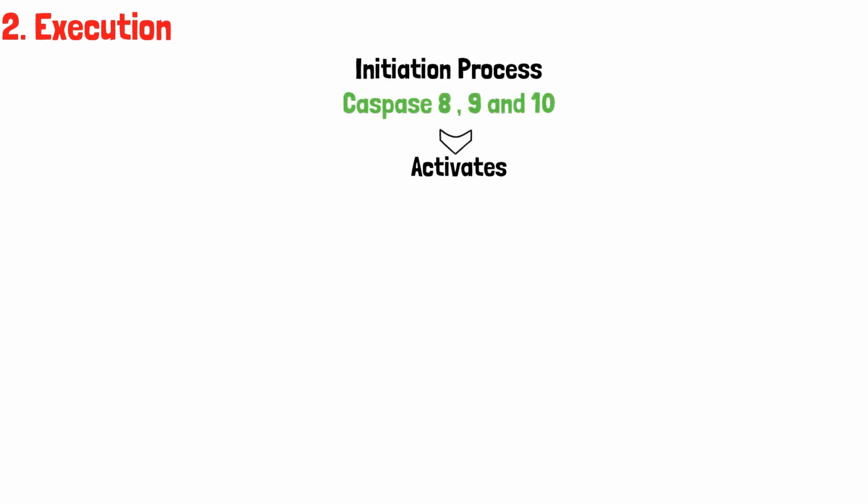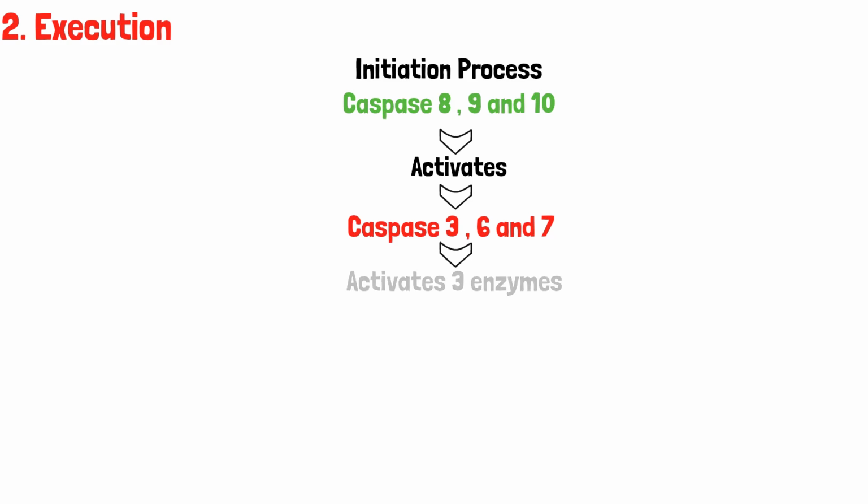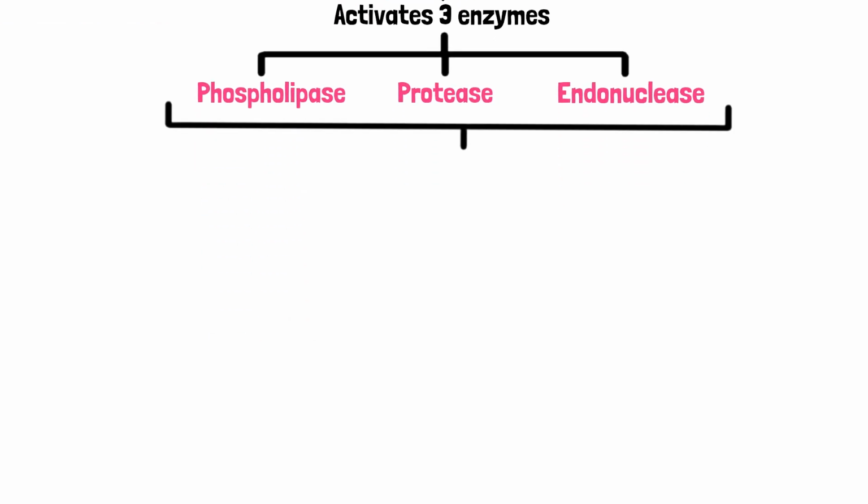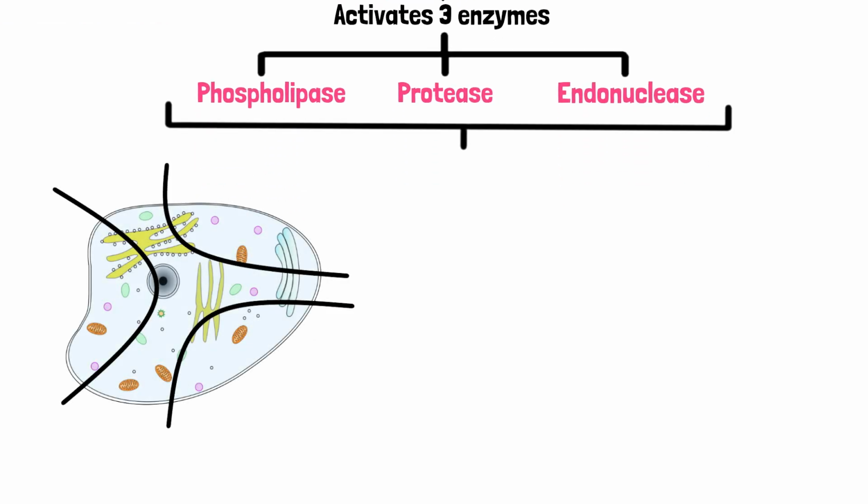So after the initiation process, caspase 8, 9 and 10 activate caspase 3, 6 and 7. These caspases in turn activate three enzymes in the cell known as phospholipase, protease, and endonuclease. As you already know from our previous videos, these enzymes break the three most important parts of the cell: the membranes, proteins, and the nucleus.